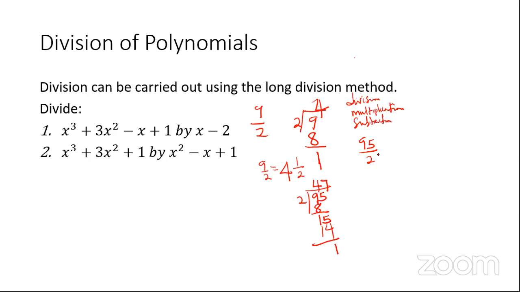That is what I've done here, 95 divided by 2. At the end of the day, 95 over 2 is the same thing as 47 whole number, remember, 1 over 2. This one we have here, we call it the quotient. This one here, we call it the dividend.